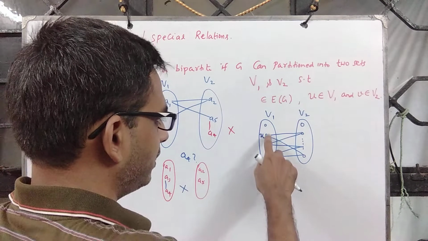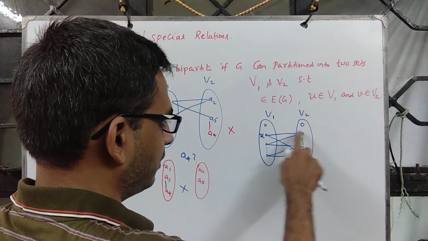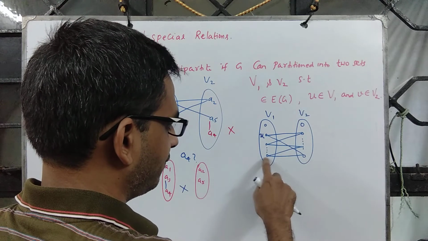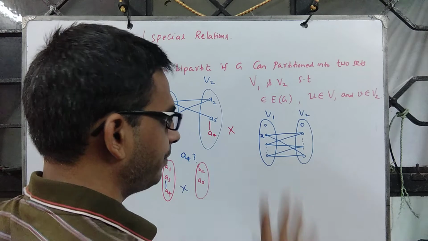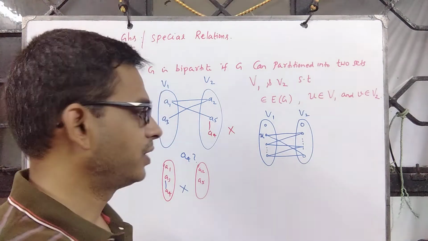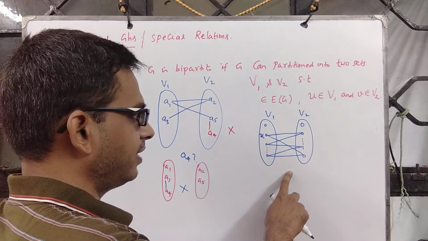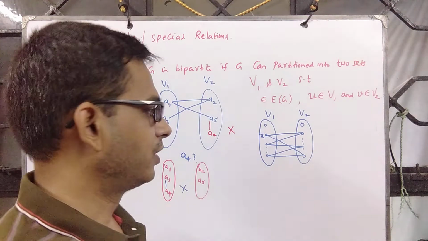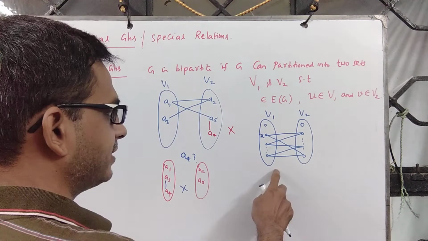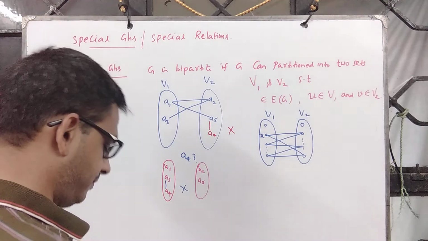If you count, it's always an even number: 1, 2, 3, 4, 5, 6. Because you alternate between V1 and V2, if there is a cycle, then it has to be an even cycle. So no odd cycle can exist in a bipartite graph.